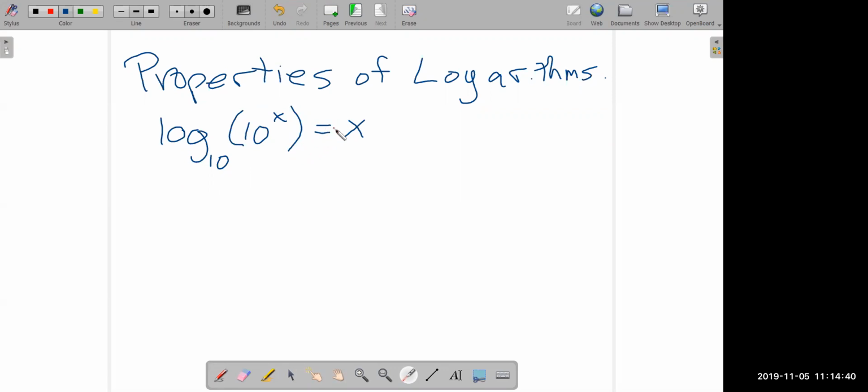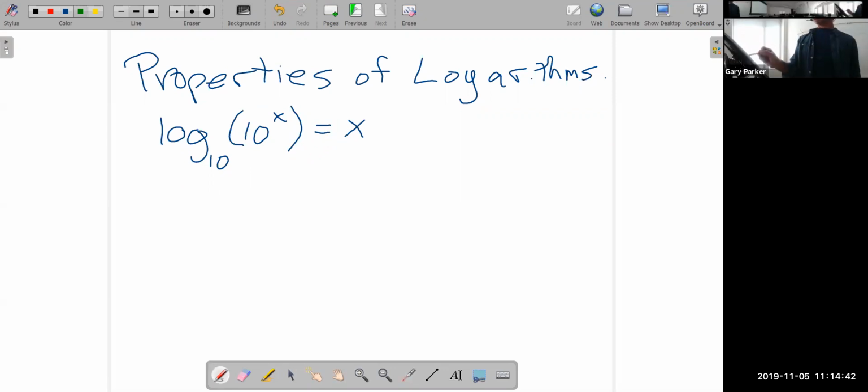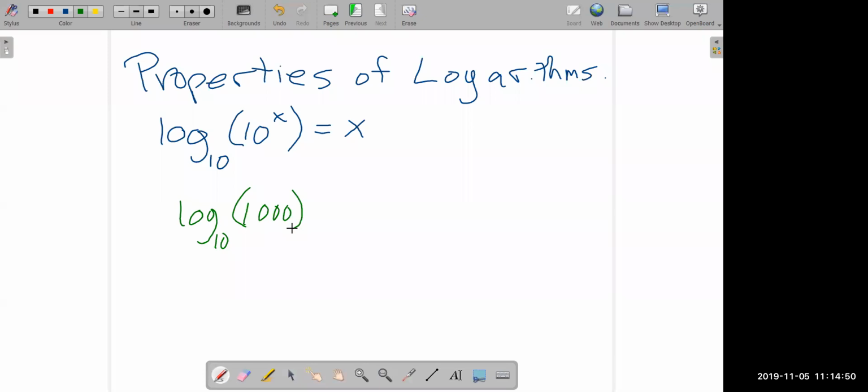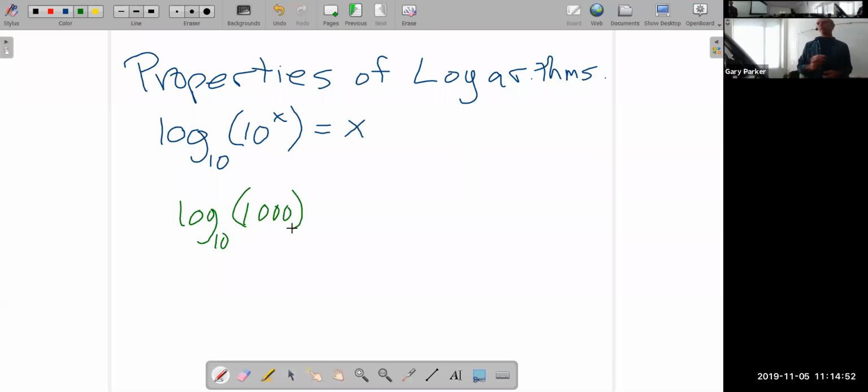If we think back to a previous example, we looked earlier at log base 10 of 1,000. What did we believe the answer was according to the calculator? It was 3. Isn't 1,000 equal to 10 to the third power? So if I wrote log base 10 of 10 cubed, what's the answer here?